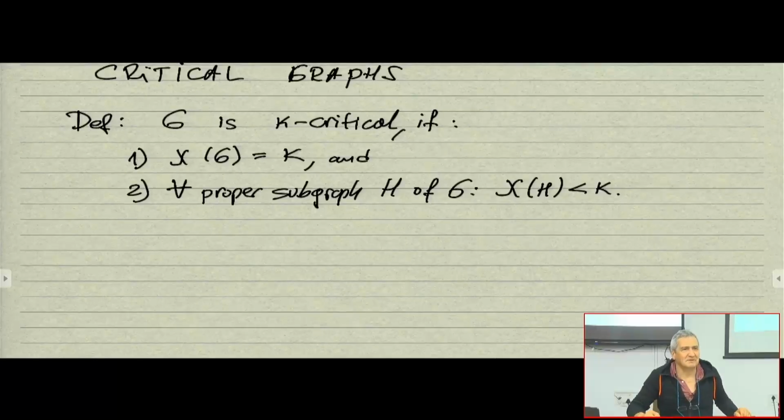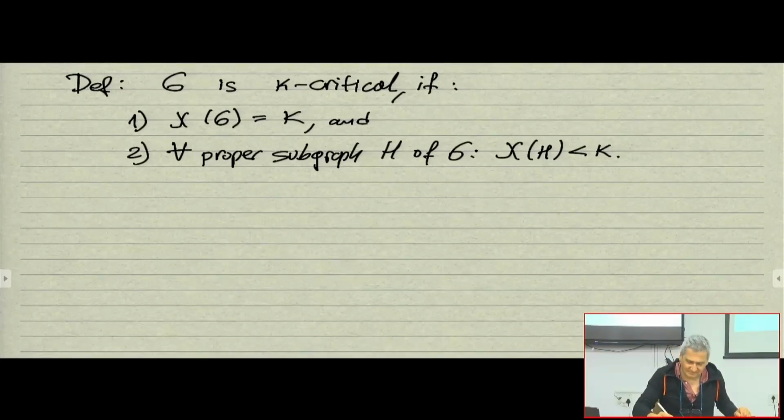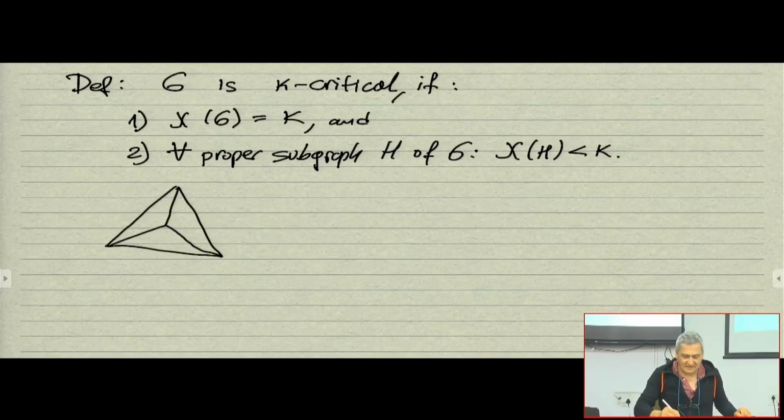Now you tell me some critical graph. Do we know some critical graph under this definition? Let's take K4. What is the chromatic number? The chromatic number is 4. But if we delete some edge, or maybe even something more, I can put red here immediately, and I have 2 more vertices.